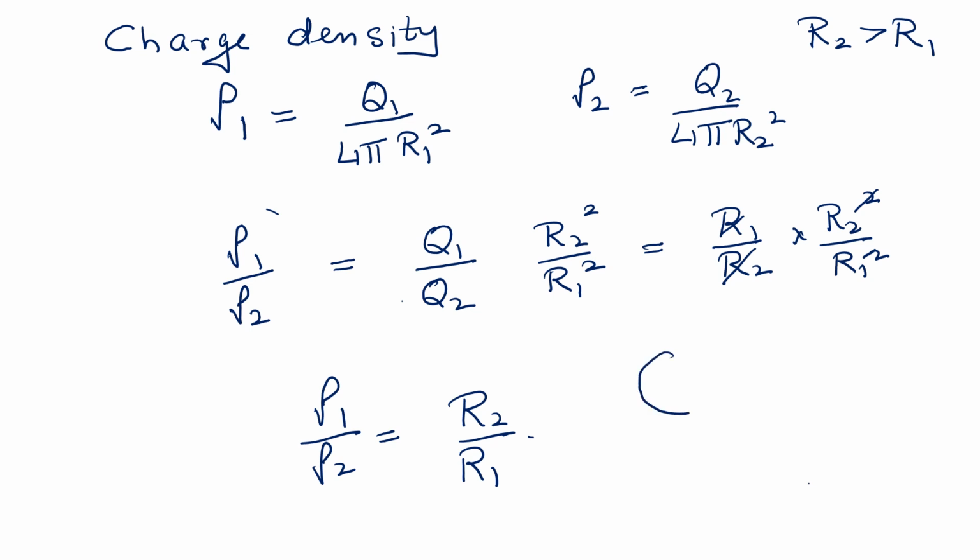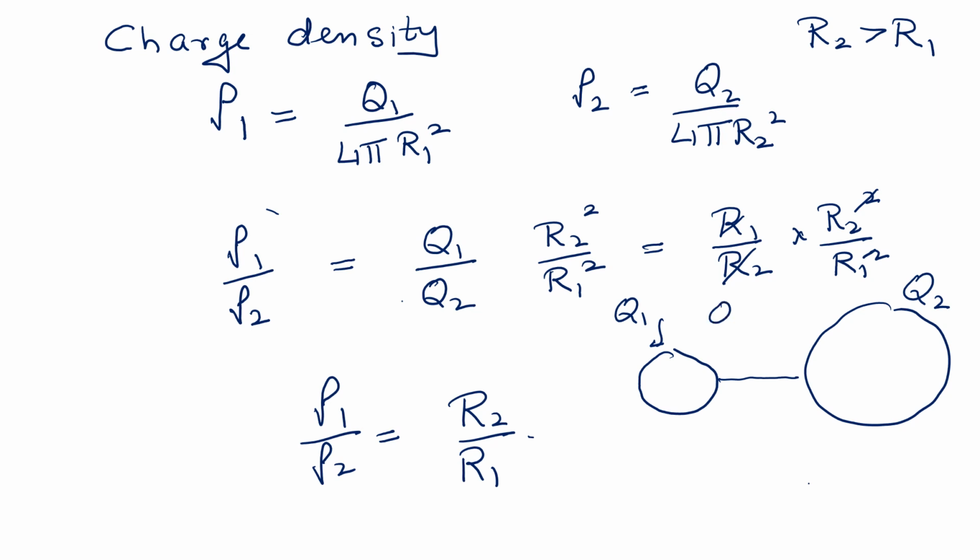We had a smaller sphere and a larger sphere. The total charge which is present here versus the charge which is present on the other sphere, when we connected them together, Q1 was less than Q2, but when I look at the charge density which is present here, charge density ρ1 is greater than ρ2.